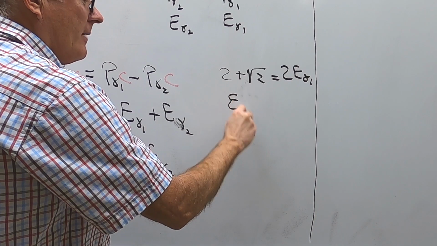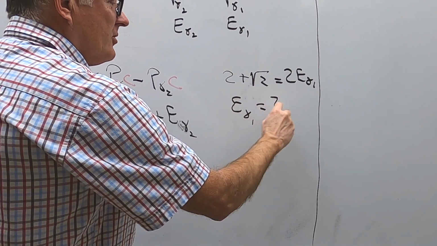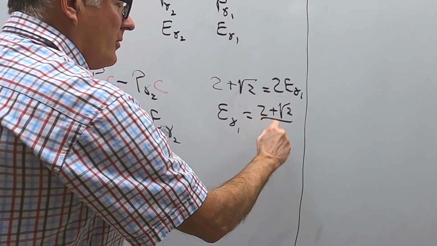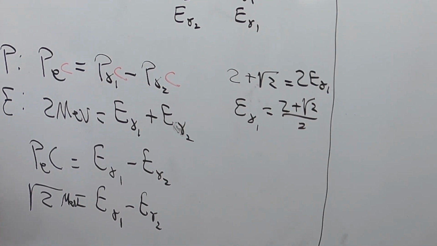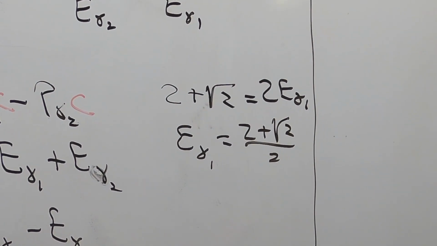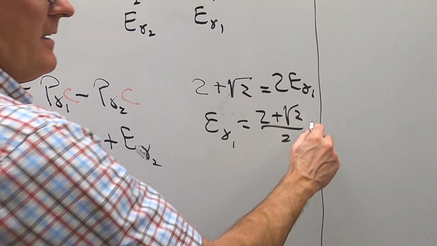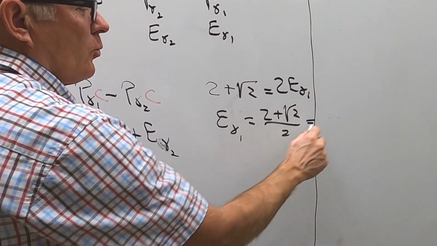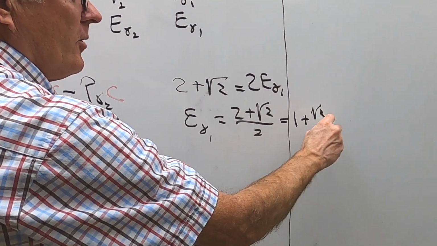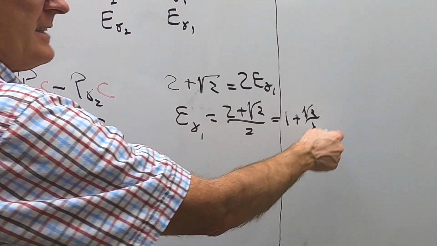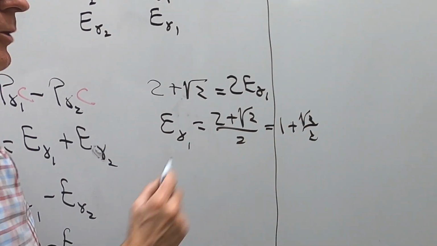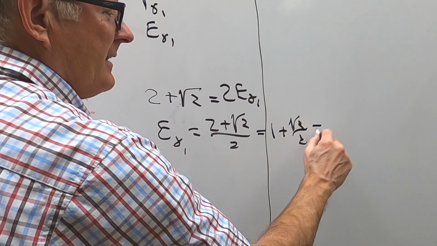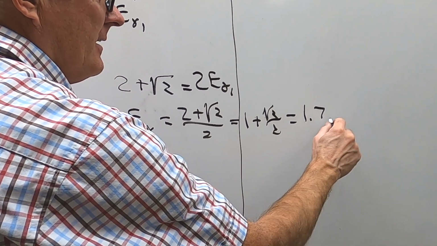So E gamma 1 is equal to 2 plus the square root of 2, all over 2, in MeV. If you distribute this through, that's 1 plus the square root of 2 over 2. If you remember, that's like the cosine of 45, which is 0.7, plus 1, that's like 1.7 MeV.